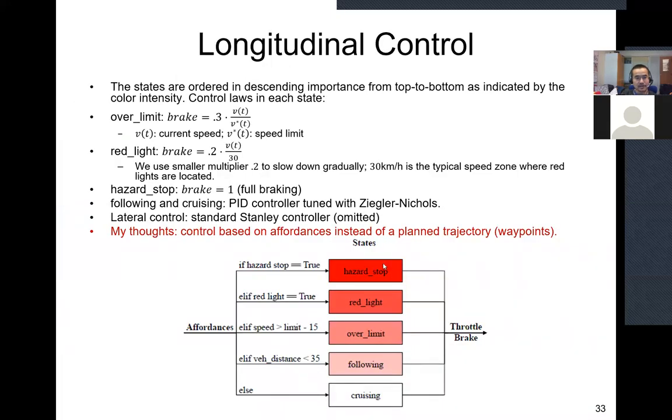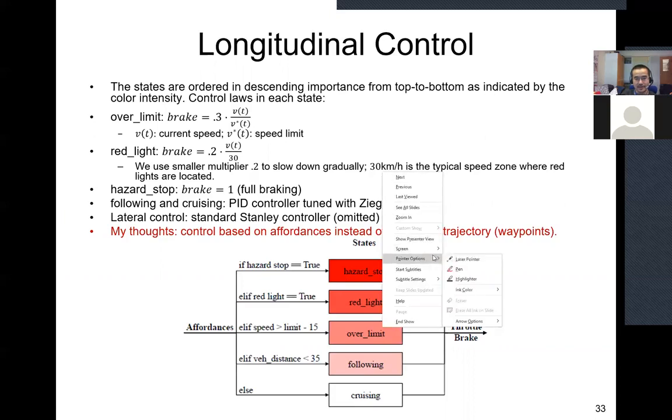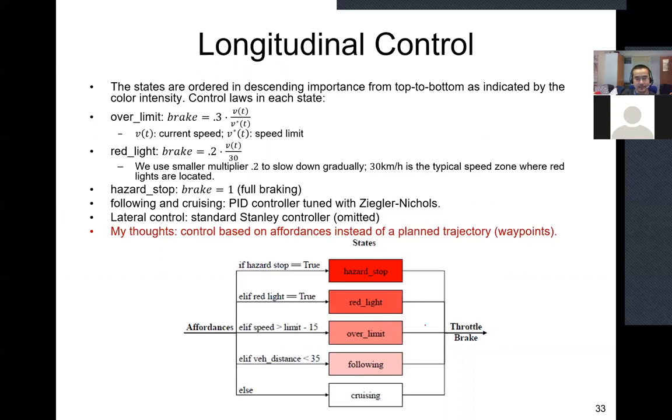Longitudinal control: the states are ordered in descending importance from top to bottom, as indicated by color intensity. Let's look at the first one, over limit. If it's over limit, then they set the brake to be 0.3 times v over v star. V star is the speed limit. If it's a red light, you do a braking action.